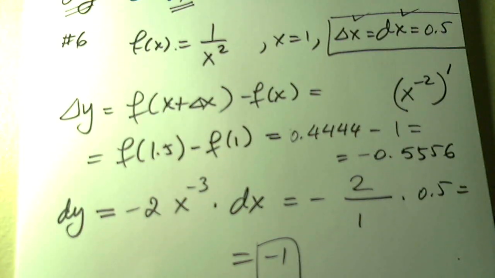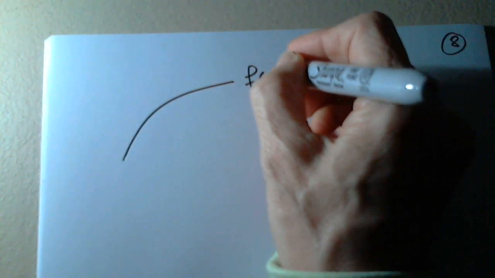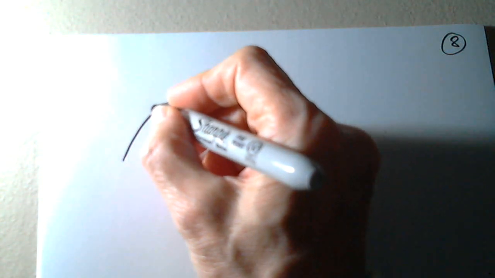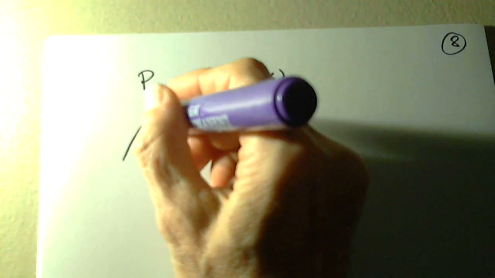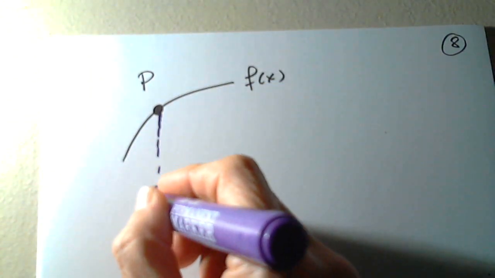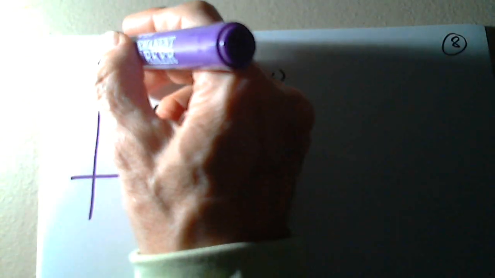The last thing that I wanted to mention, and I'll mention it again after the spring break, is the fact that here's a function, here's a point P. Now, near P, let's say P has the x-coordinate A. And let's put it in a coordinate system.